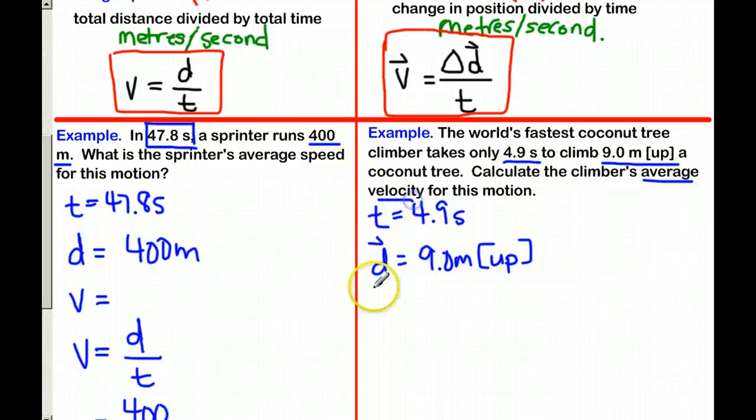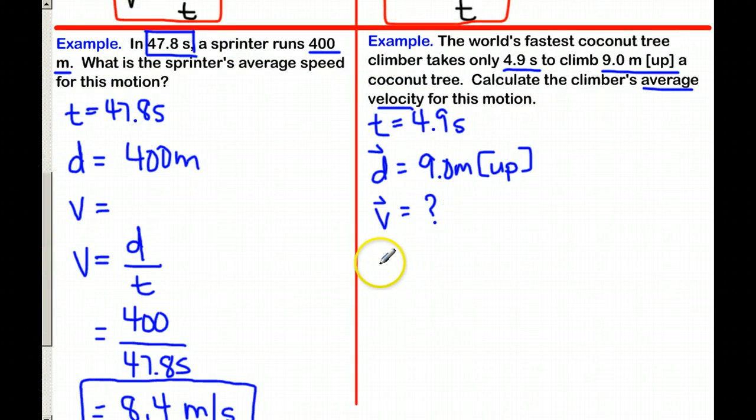So now we're solving for velocity, vector arrow. We're going to use that same formula, substitute our values and solve. So we have 9 meters divided by 4.9 seconds.